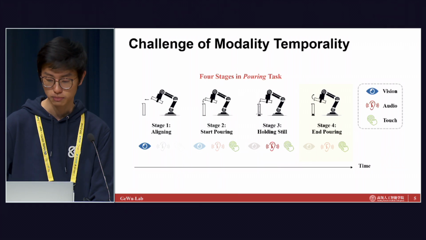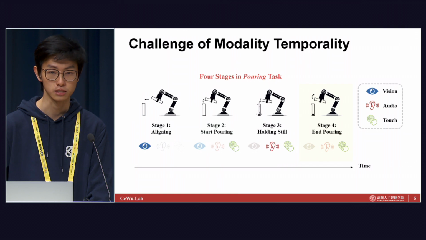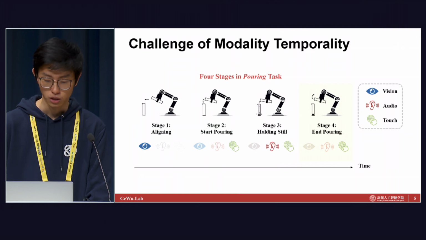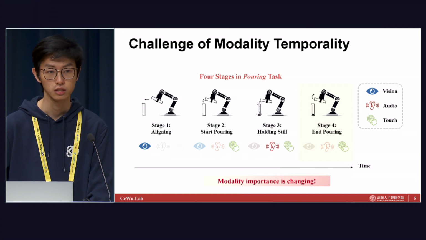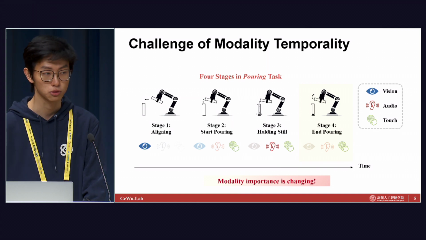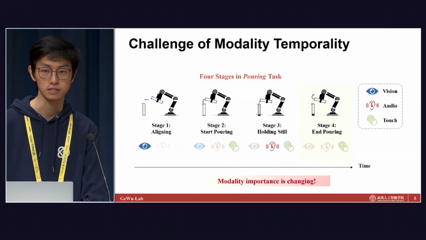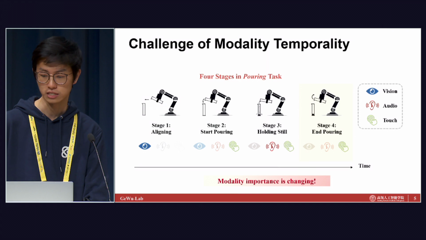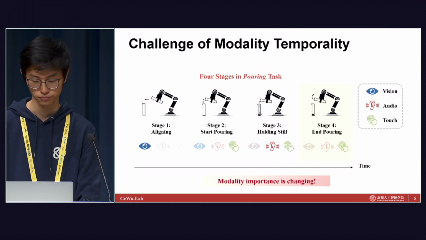There can also be some smaller changes within a stage, like the sound might kick in halfway at the start pouring stage. We categorize them as coarse-grain and fine-grain modality importance change. These changes in modality importance put high demands on multisensory fusion algorithms, as they need to dynamically focus on the modalities as needed.